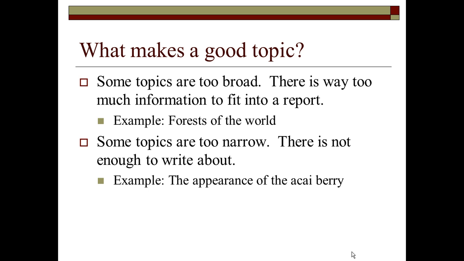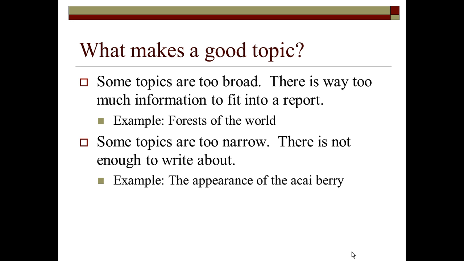Okay, now it is important to know that some topics are too broad. For example, there is way too much information to fit into a report. An example for that, forces of the world, or sometimes outer space is a popular one. There's just way too much to talk about, so you need to narrow it down. However, some topics are too narrow. Okay, and there's not enough information to write about.